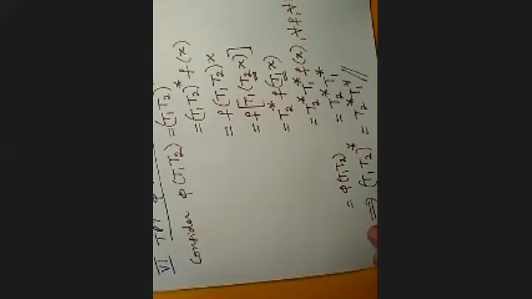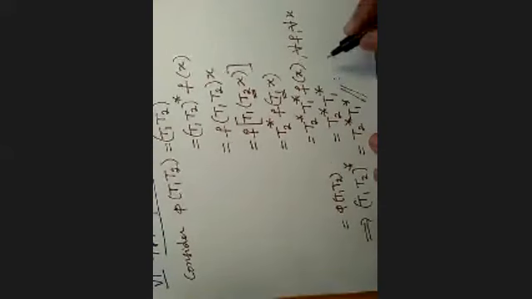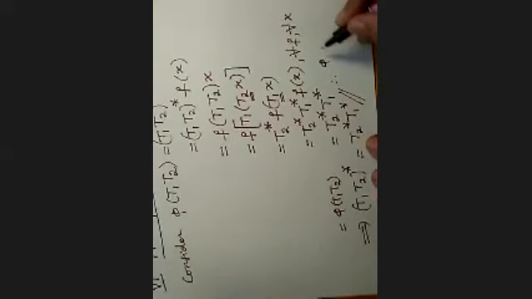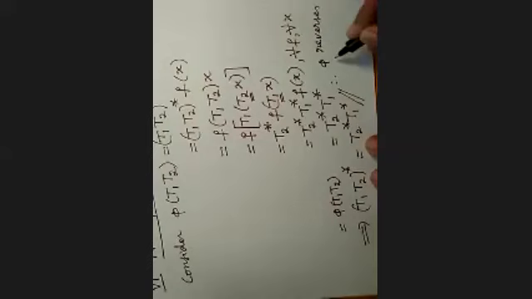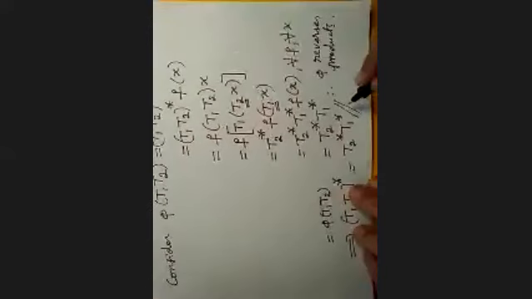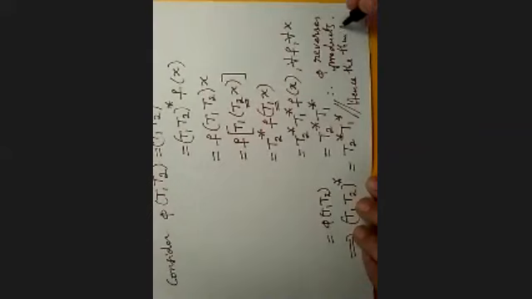So hence we proved that phi reverses product. So we proved phi preserves identity and phi reverses product. We proved it is an isometric isomorphism. So this ends the theorem.